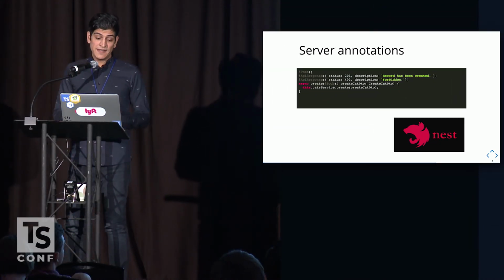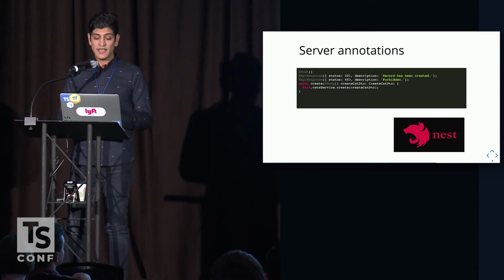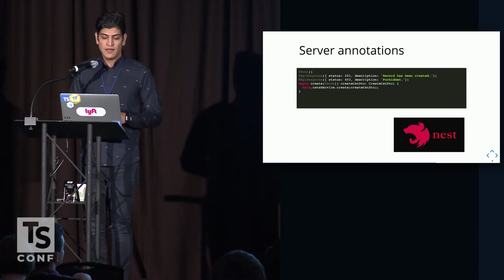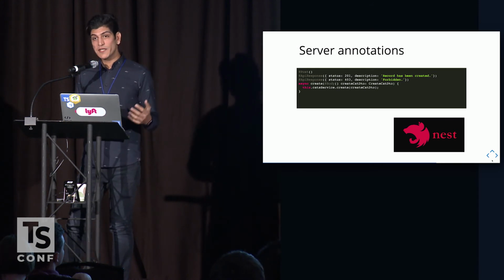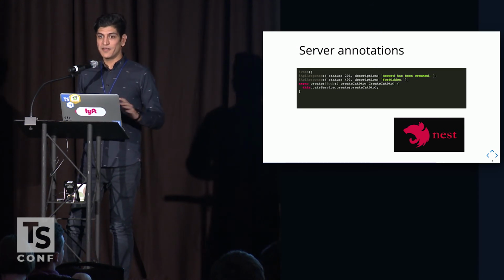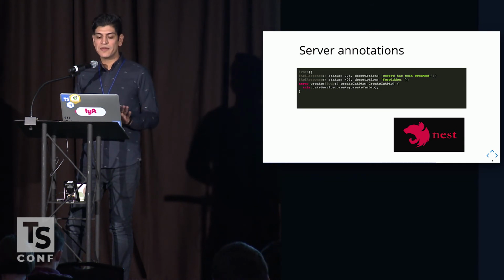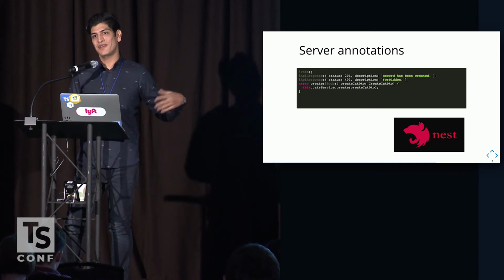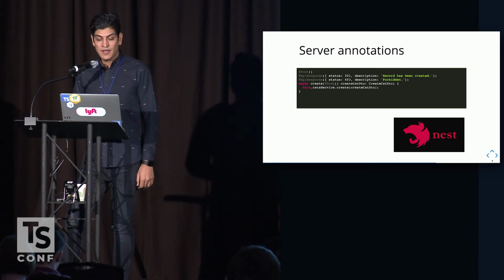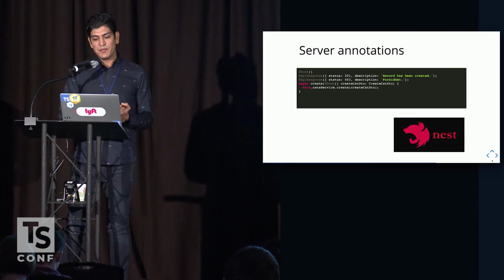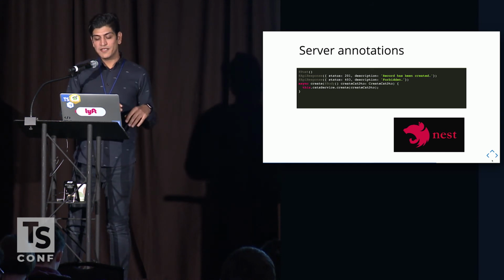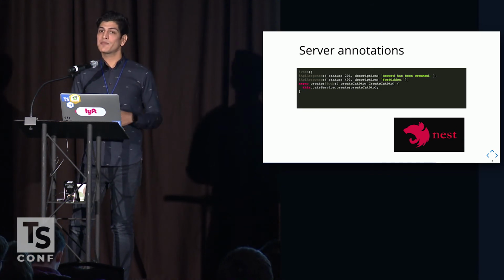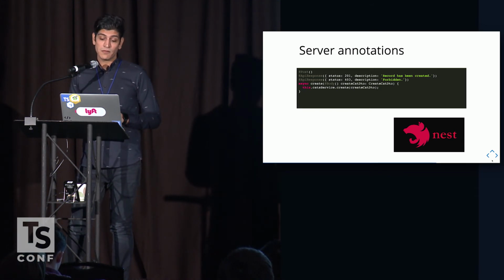For instance, here, this function that you see here is an API handler for creating a new to-do. I have a bunch of annotations. The first one says this is a post method. Done. So it's described that this is going to be done by post. If I make a get call to this endpoint, I'm going to get an error message. I'm also describing what error codes this endpoint returns. It returns 403 if you don't have access, and it returns 201 because that's the proper HTTP code for creating something.